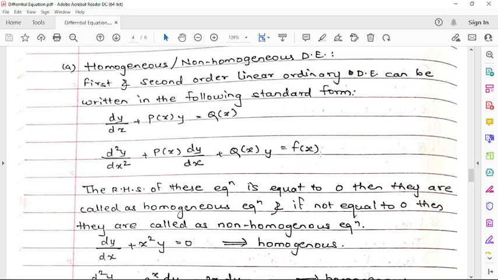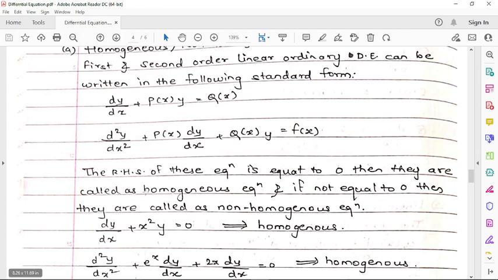They are just functions of x. So how to identify whether the equation is homogeneous or non-homogeneous? We have to check the right hand side. If the right hand side is 0, we call that equation homogeneous, and if it is not 0, we call that equation non-homogeneous.